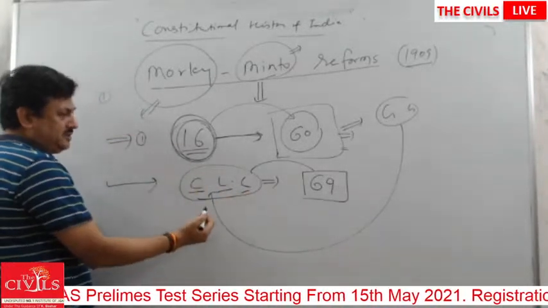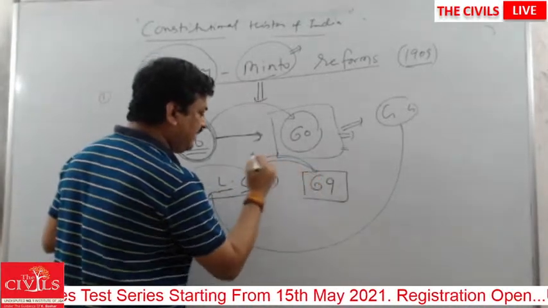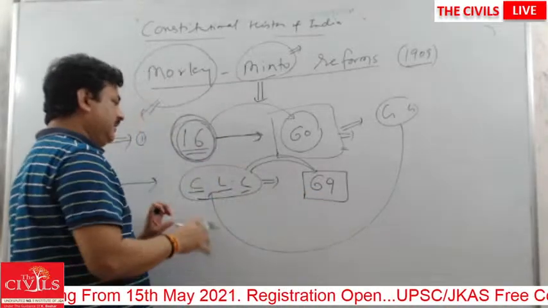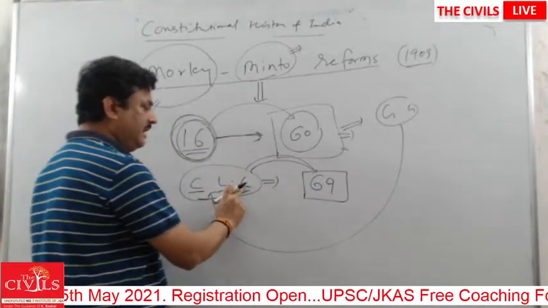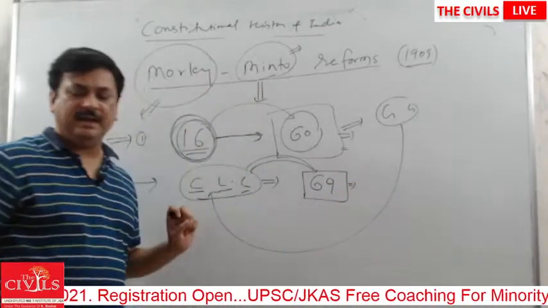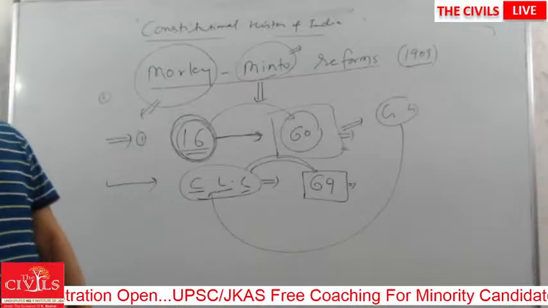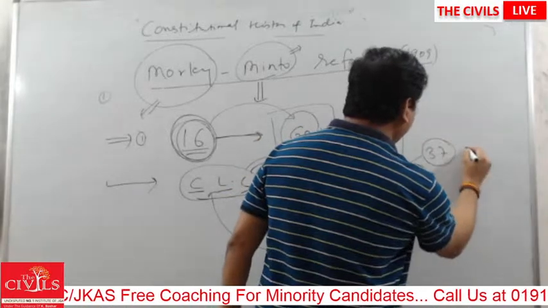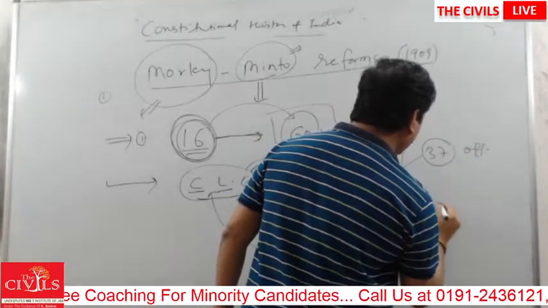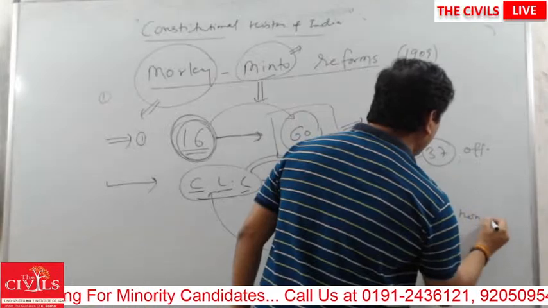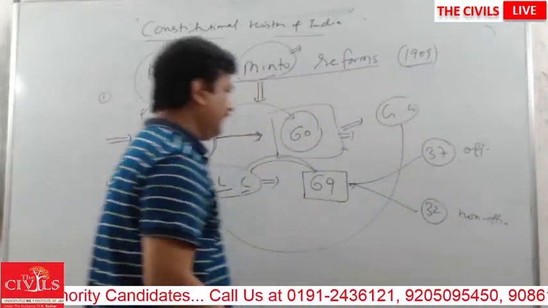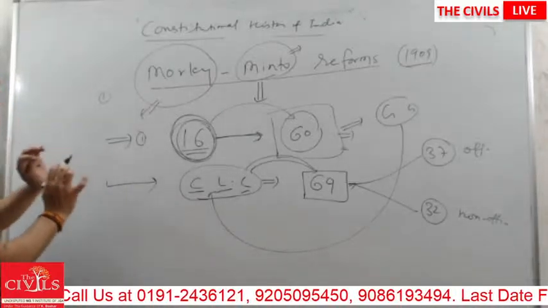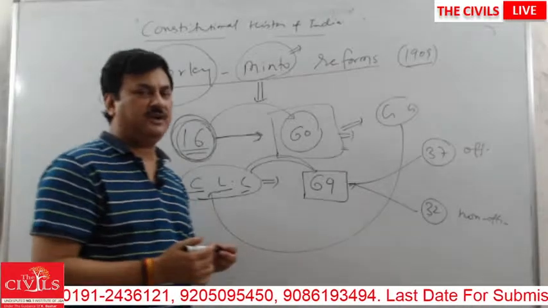After enlargement, the total number of members of this Central Legislative Council became 69. Out of this 69, 37 were official members and 32 were non-official members.